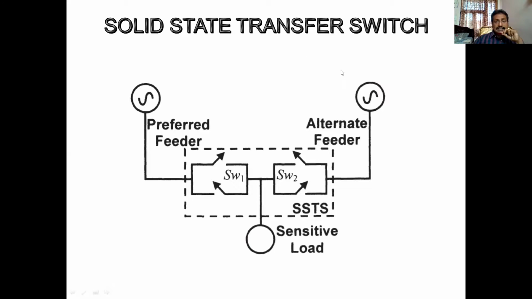What is the basic operation of this solid state transfer switch? Actually, the current flows through the preferred feeder. Whenever a fault develops, the preferred feeder is immediately switched off and the supply is allowed through the alternate feeder. It transfers energy from one circuit to another.